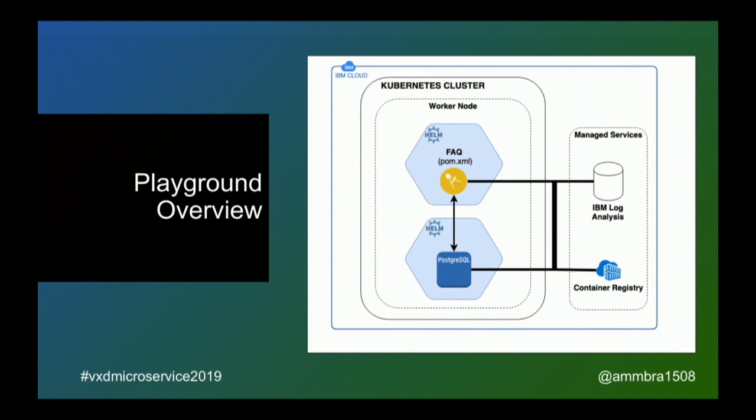And of course, I want to stream my logs to an external service, a managed service outside of my Kubernetes cluster. And my Docker images are all stored in a container registry. So everything is happening privately for myself.